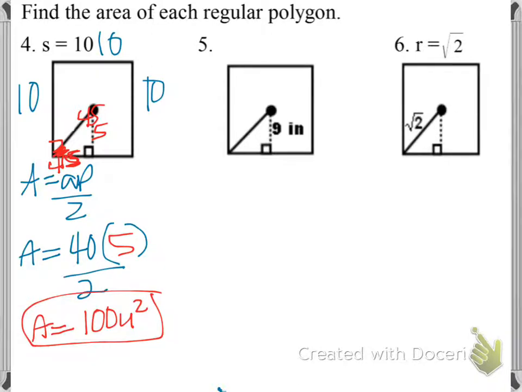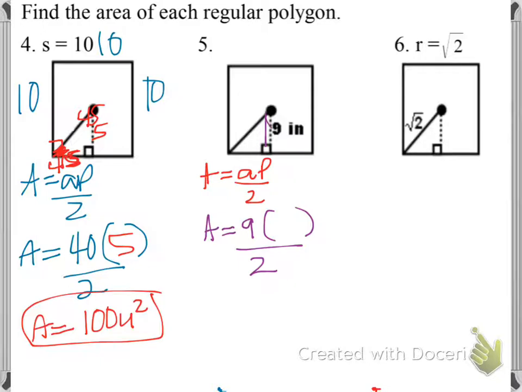Number 5. Again, I'm sure you are getting annoyed by me writing this formula down every time, but it's really important, especially when we get into the next unit where we have a lot more formulas. It's going to be important to have that every time. So here let's see what we have. The apothem is 9. We do not have the perimeter yet.